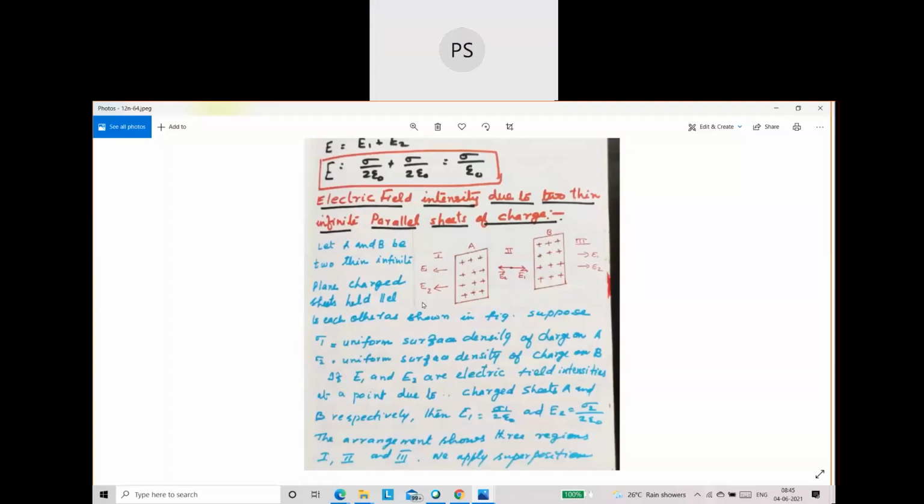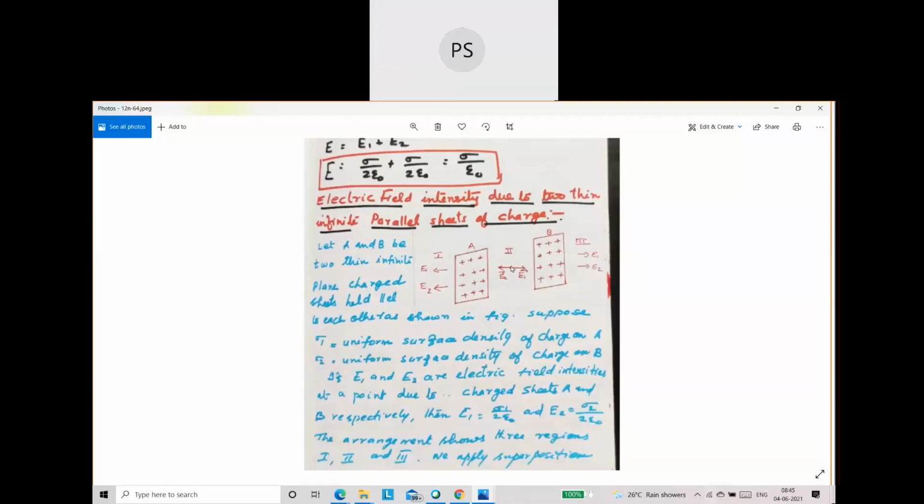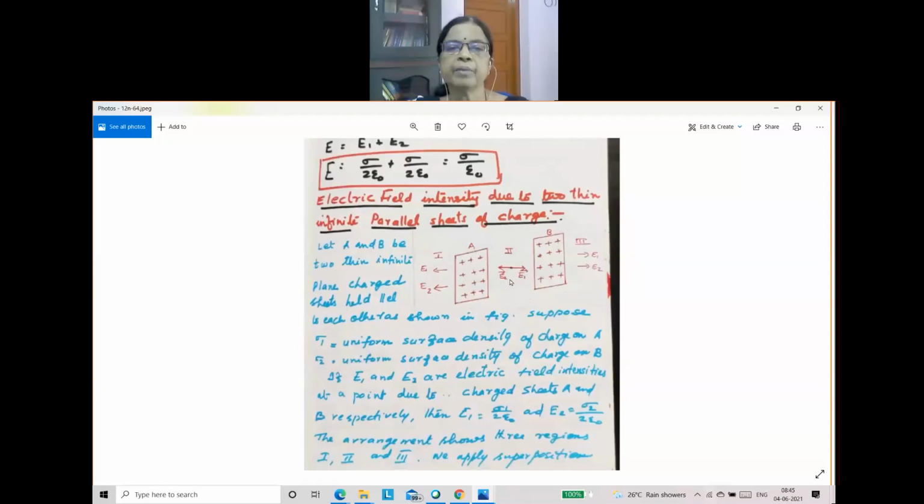When one is plus sigma and the other is minus sigma, what is the electric field between the sheets, children? Pavitra, what is the electric field between the two regions? One is plus sigma, the other is minus sigma. What is the electric field? 0? Is it 0? That is what I told. Krishna Sri, what is the electric field between the two regions?